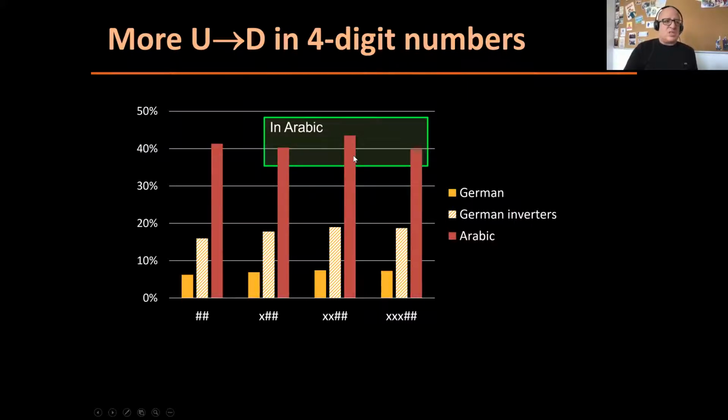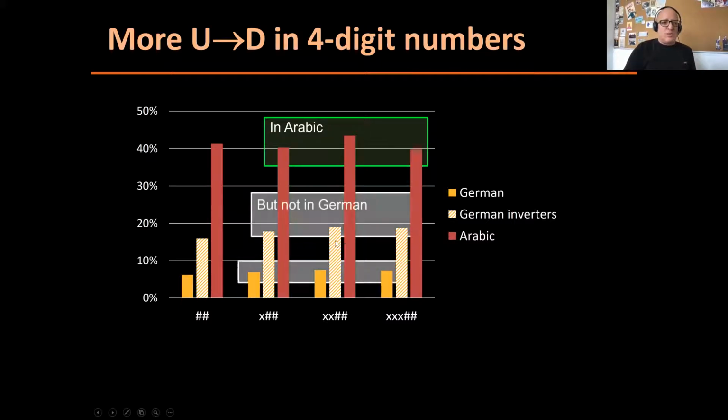And interestingly, in line with this prediction, in German, this doesn't happen. In German, we see that 4-digit numbers are slightly more difficult, maybe, so more unit-first writing than the 3-digit numbers, but there's no difference when we go to the 5-digit numbers.